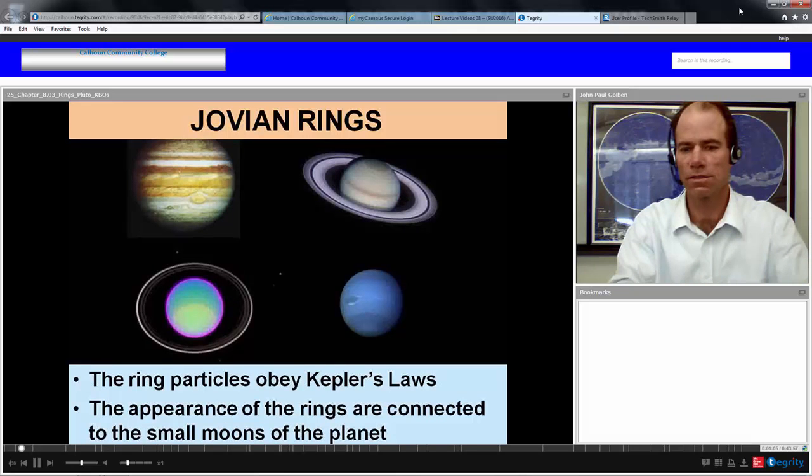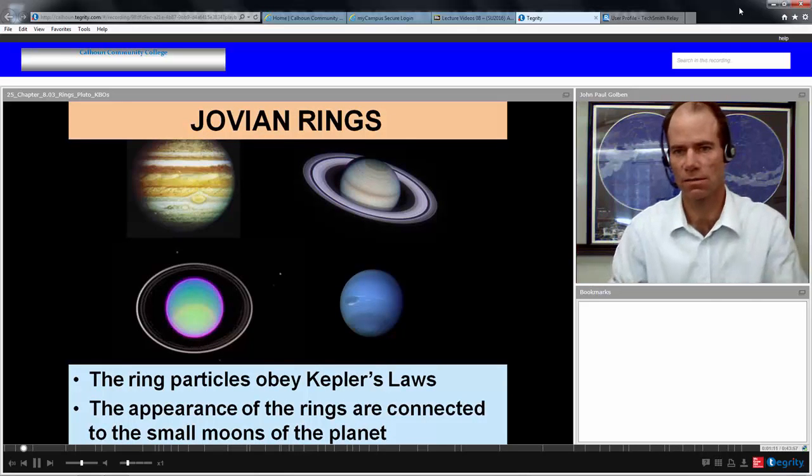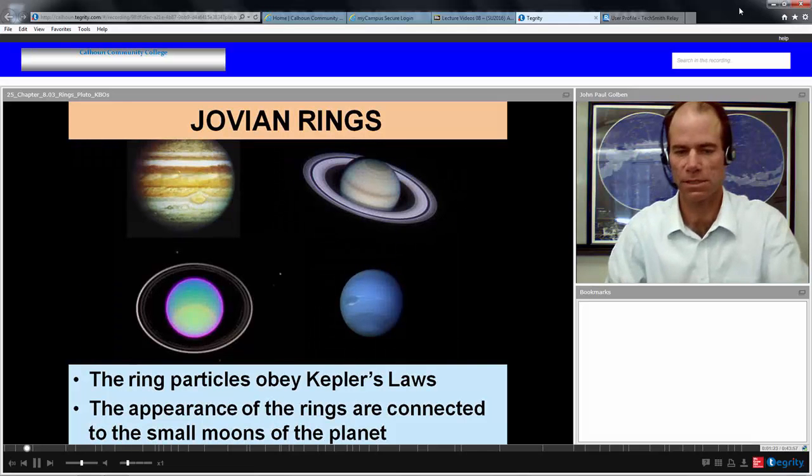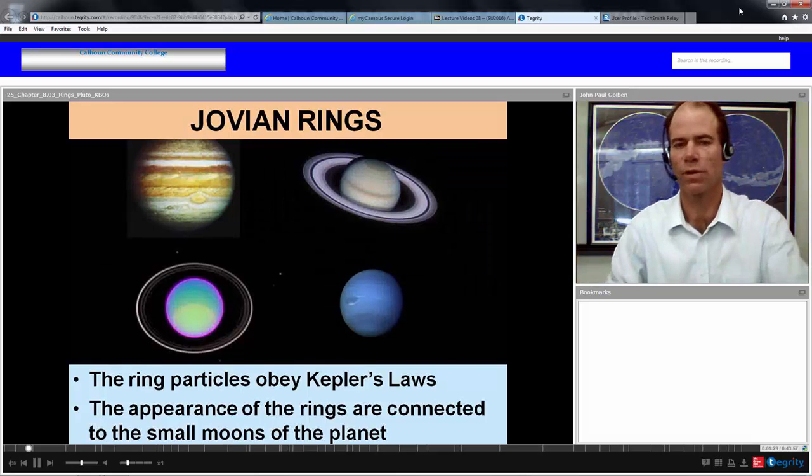And the appearance of the rings are connected to the small moons of the planets themselves. So we'll see variations, kinks and stuff to the way that the ring particles move. And this is in relation to the location of moons within the ring system. Also the gaps as well. So they obey Kepler's laws. They're around the planet's equator.